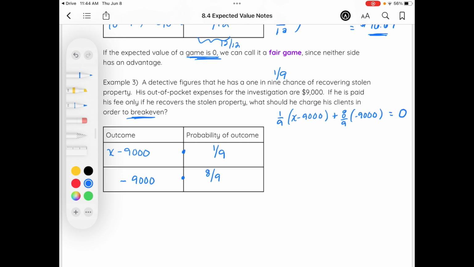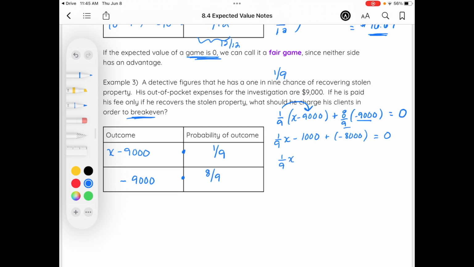So in order to solve this, I'll go ahead and use some algebra. I'll distribute. We'll have 1/9 X minus 1,000 when I take 1/9 times the negative 9,000. Here we'll simplify, so I'll have negative 8,000 equal to 0.